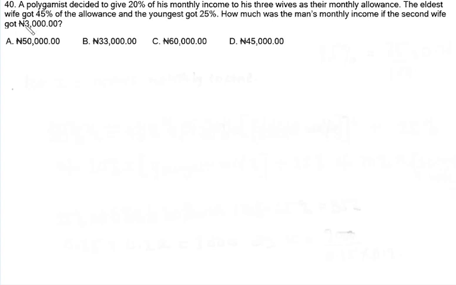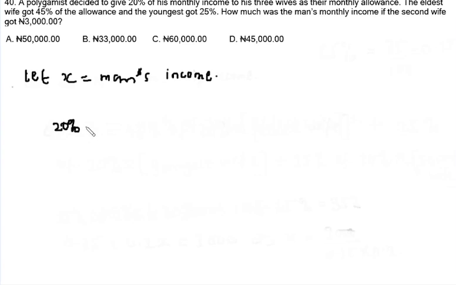Okay, so we know that, let's assign a value to the man's income. So let x equal the man's income. If x equals the man's income, that means 20% of that man's income, 20% of x, was given to his wives. So we know that 45% of that 20% was given to the eldest wife.